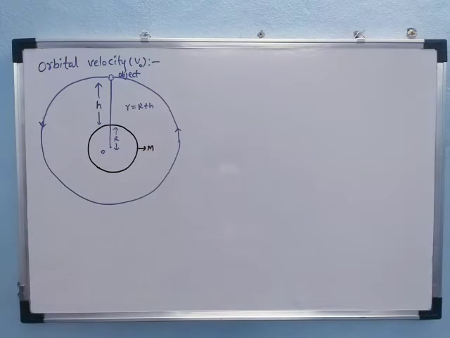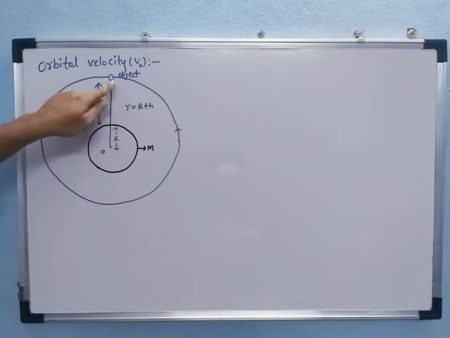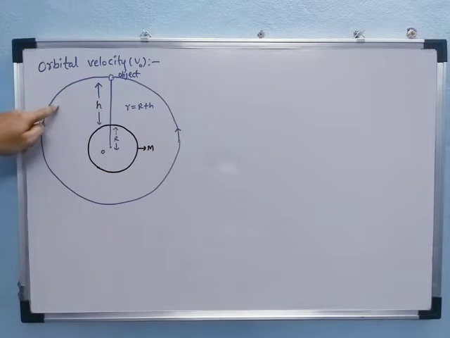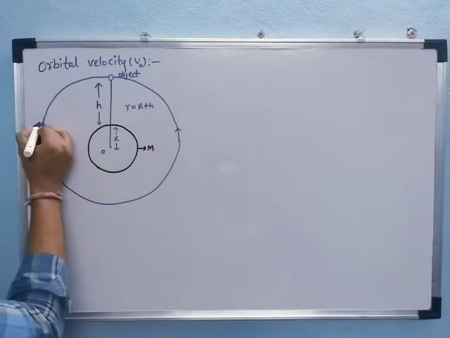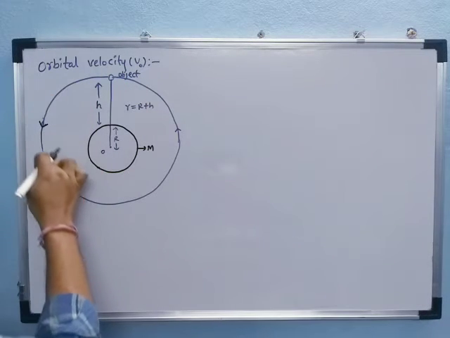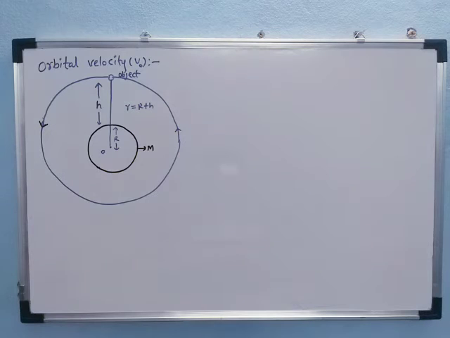The minimum horizontal velocity required for an object revolving around the planet is called the orbital velocity.